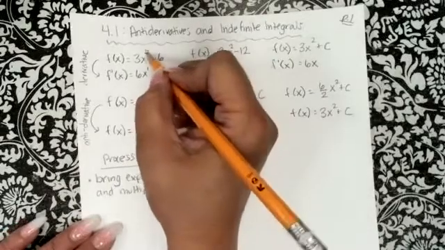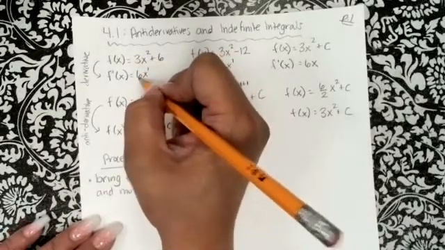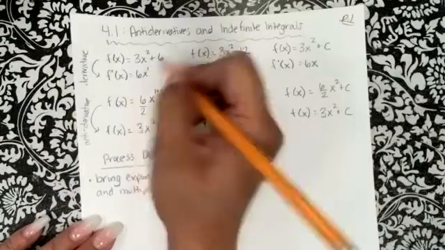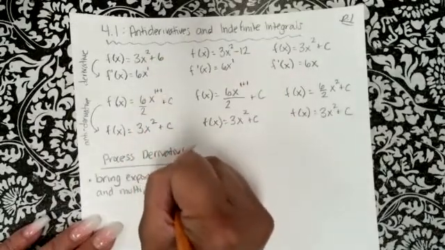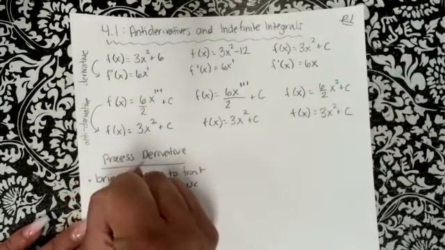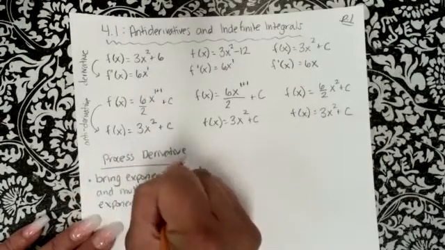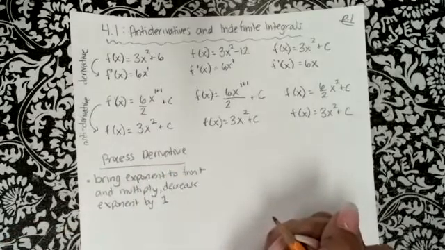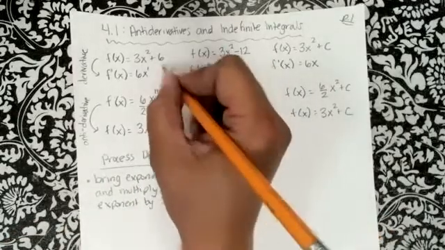So we brought the 2 down to the front. That gave me the 6. And then you decrease the power by 1. So we decrease the exponent by 1. And then the derivative of a constant is going to be 0.